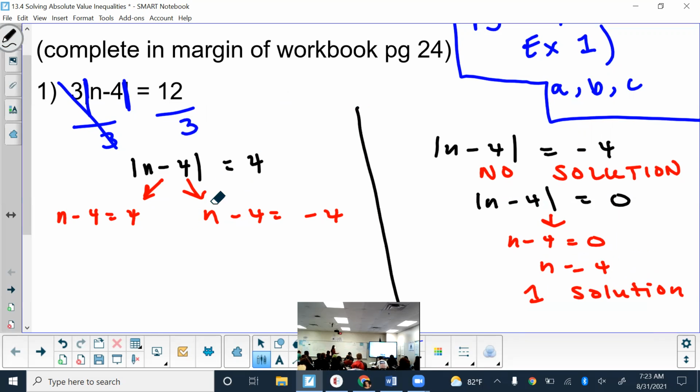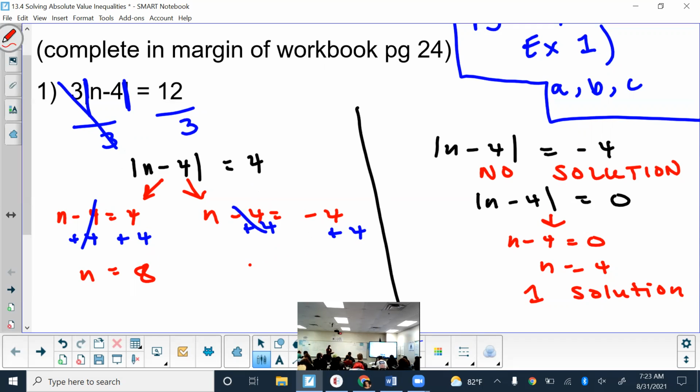All right, so that's not really related to this. This is the real problem. But over here, keep solving. How do I get that n by itself? So we add 4 to each side. On the problem on the left, we get n equal to what? Good. Sorry, that's an 8. And then for the problem on the right, what do we get n equal to? 0.